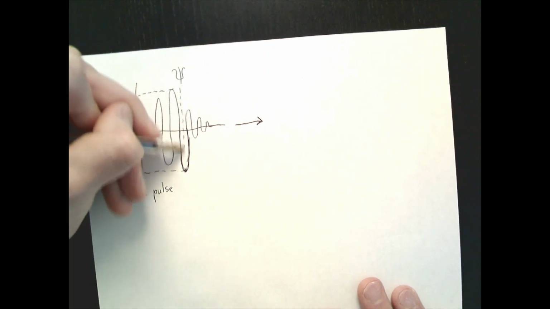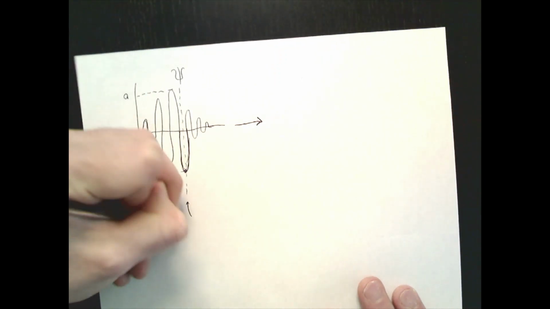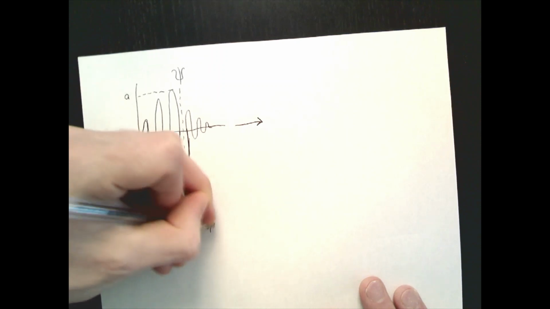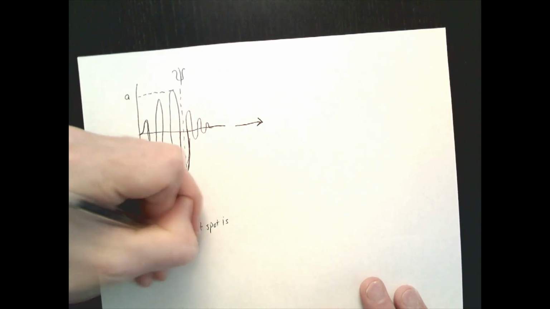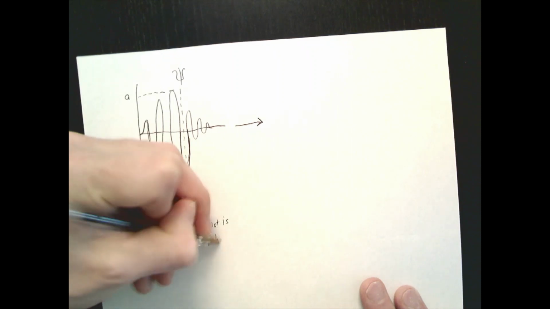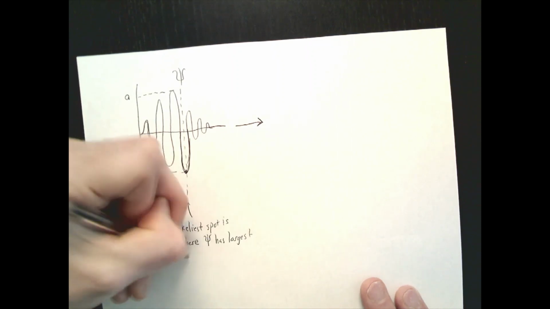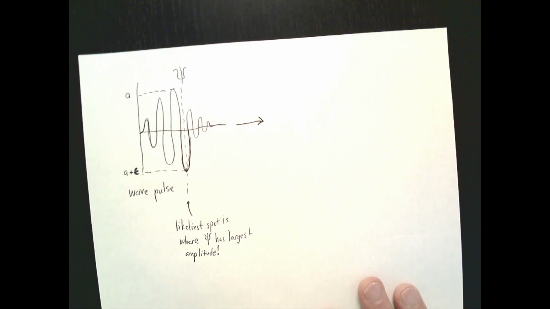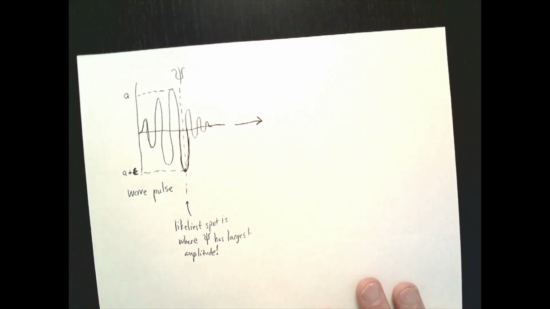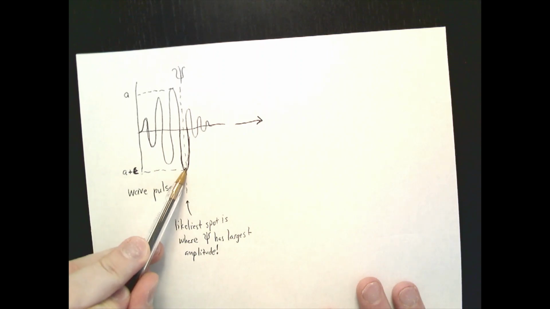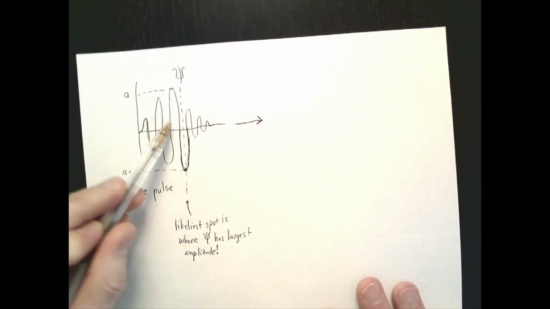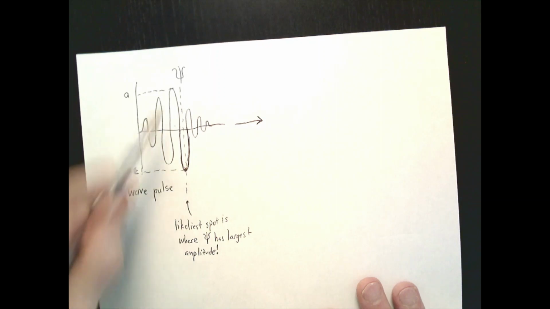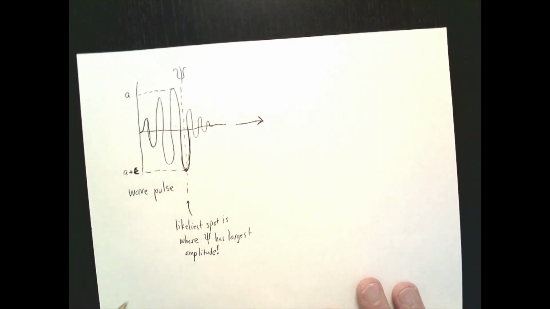The likeliest spot is where psi has largest amplitude. Even though this is positive, its amplitude is still smaller than this negative peak here, and therefore it is less likely to find the particle here than it is here, even though it might be a similar probability.